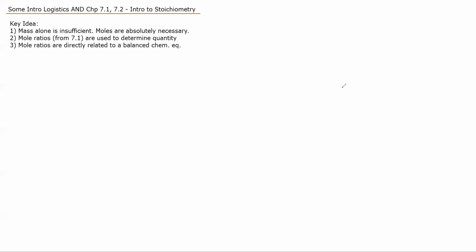Mole ratios are directly related to a balanced chemical equation. So long story short, if you know that it's going to be a stoichiometric calculation, you must identify a chemical reaction and balance it. Just balance it right away before anything else, okay?